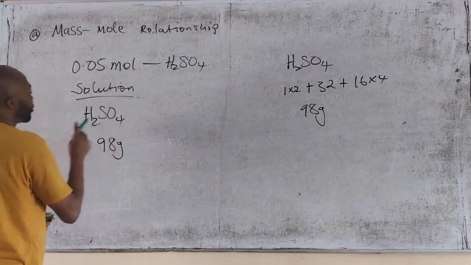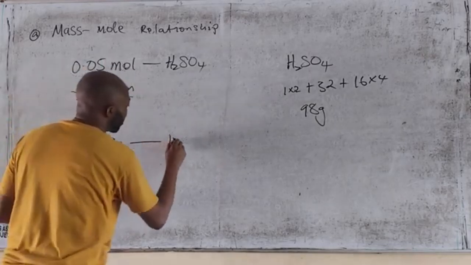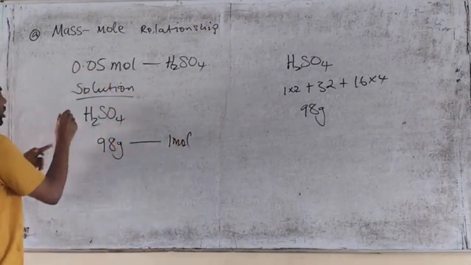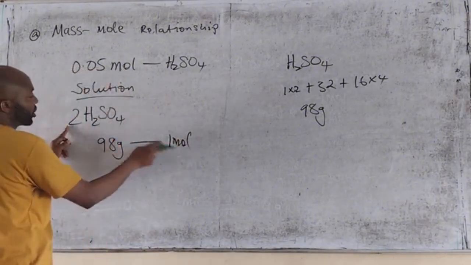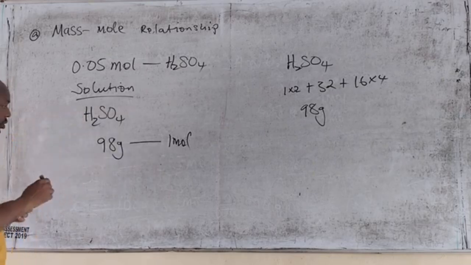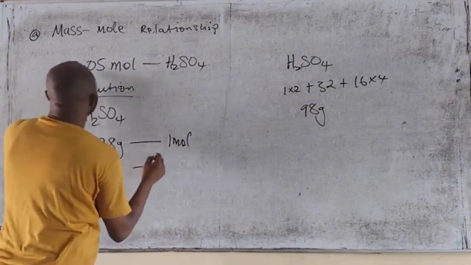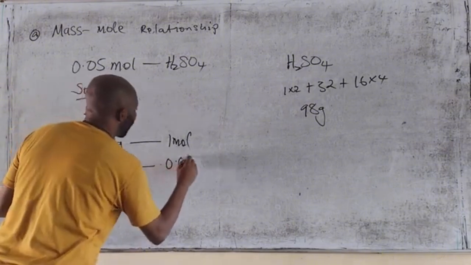98 grams of H2SO4 is equivalent to how many moles? 1 mole. Why? Because there's nothing in front. If it is 2 here, that's 2 moles. But there's nothing in front of H2SO4, so it's 1 mole. Take note. Now, how many grams will give us 0.05 mole?